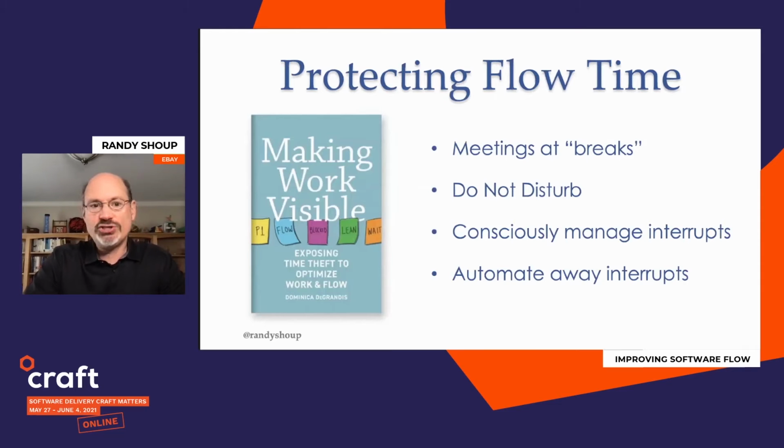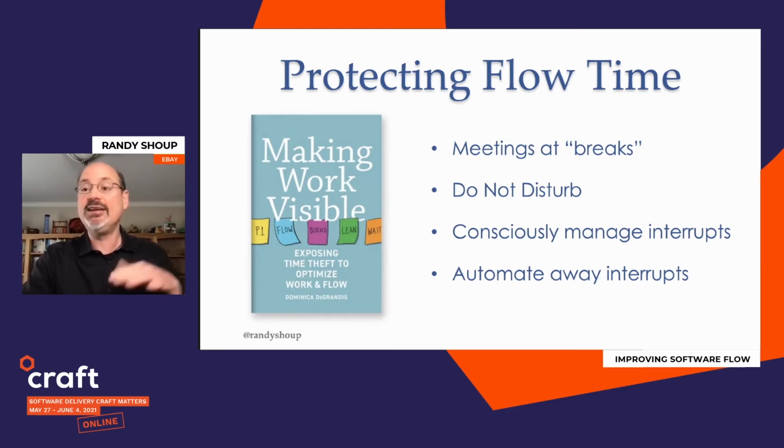One of the ways, or many of the ways, that we can protect flow time are outlined in this excellent book by Dominica DeGrandis called Making Work Visible. As I've suggested, one of the many things she suggests is putting meetings at those break times, encouraging culturally within your team setting up do not disturb on Slack or whatever chat mechanism you use.